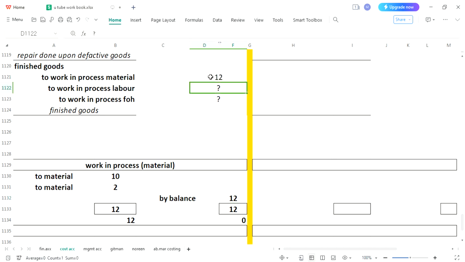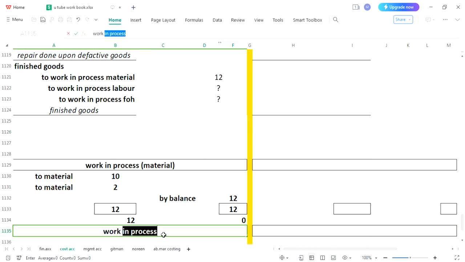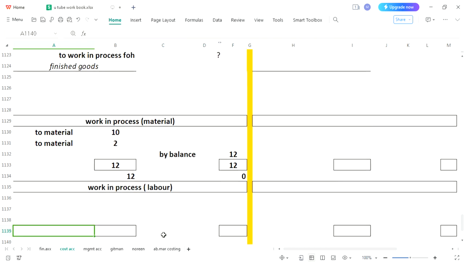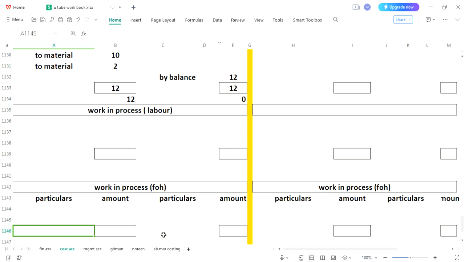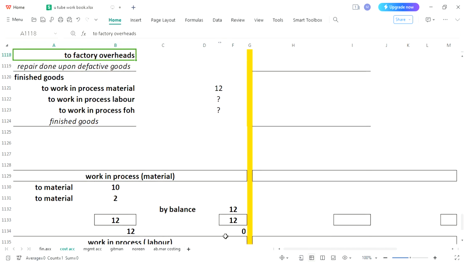In a similar way, you will make the second ledger, work in process labor, then you will make your third ledger, work in process FOH, and the balance would be calculated, and finally these balances will be put in the third entry.